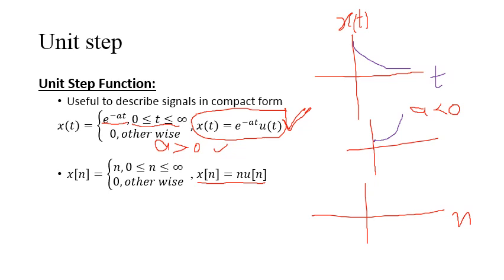Because it is equal to n and n cannot be negative, for n equals 0 it will have a value of 0, for n equals 1 value is 1, for n equals 2 value is 2, n equals 3, and so on. So this is your growing signal. Is it exponentially growing or is it a normally growing signal? That I leave to you.